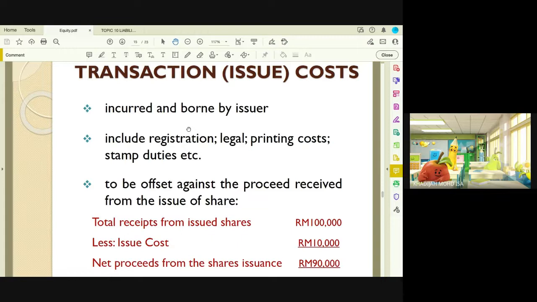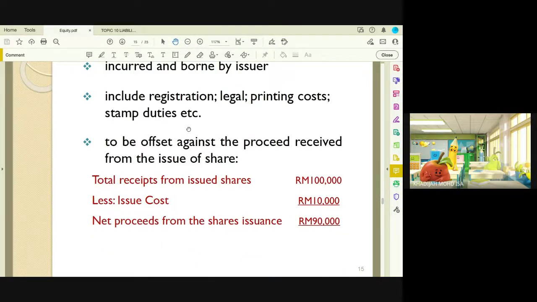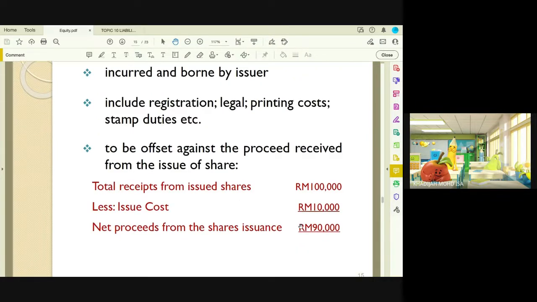So whenever you have a transaction cost, you have to take it out from the receipt of shares. For example, your total receipt from issuance of shares is 100,000 and issuance cost is 10,000. So the net proceeds from the shares is 90,000. When you record in the journal entries, you're going to record the 90,000. Later we will look into the journal entries.